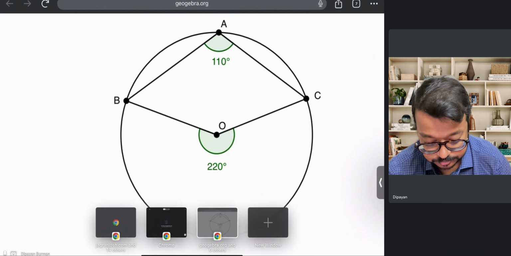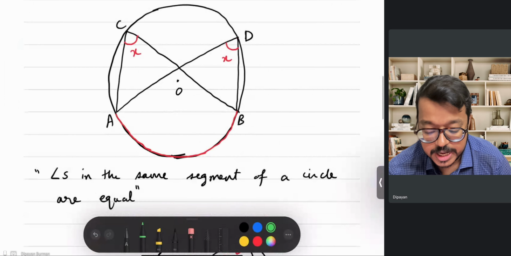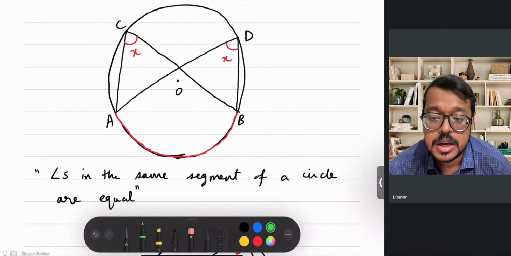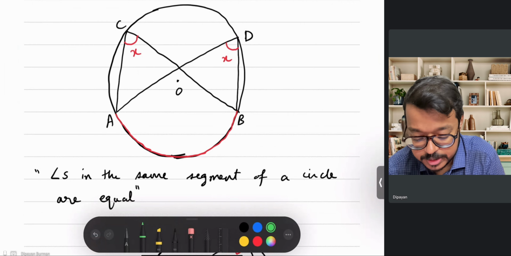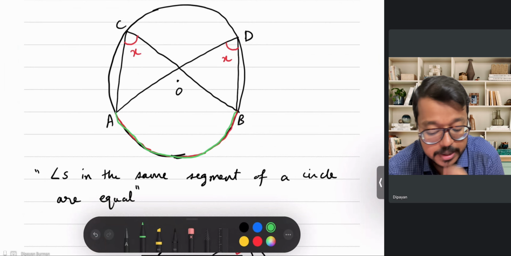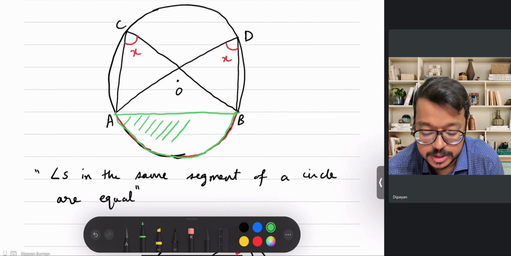Then the next theorem is about angles in the same segment of a circle. So let's consider the segment or even the arc AB. A segment is the region between the arc and the chord AB. So let's say this is my minor segment AB.